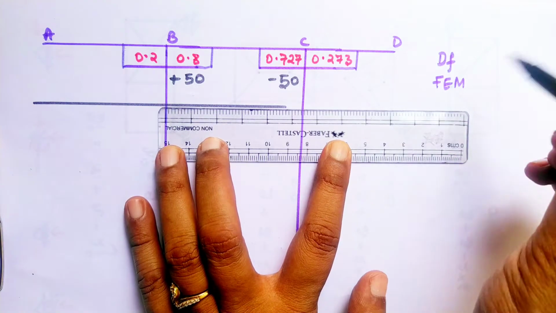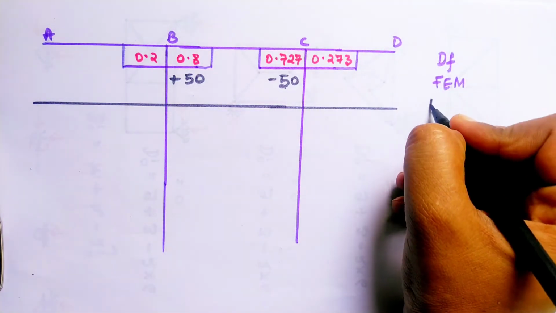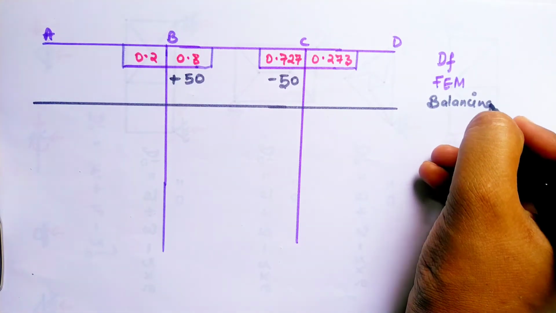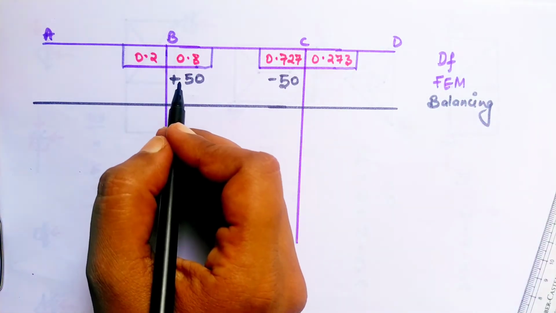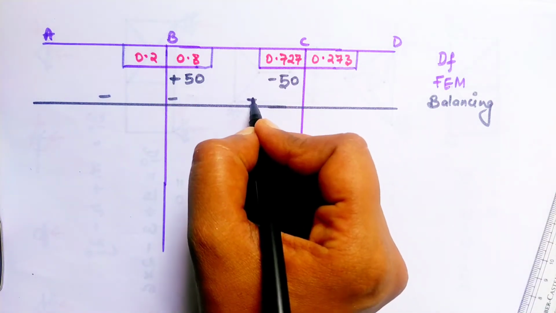At C support, minus 50 is the unbalanced moment that we got. We will be balancing this undistributed moment onto the members which are attached or joined to that particular joint.